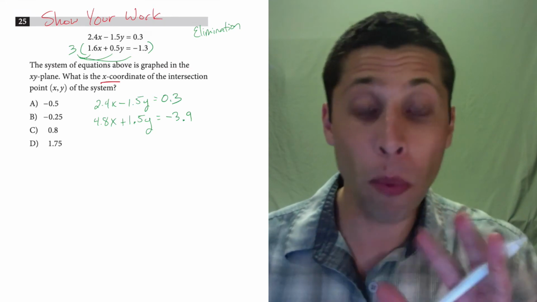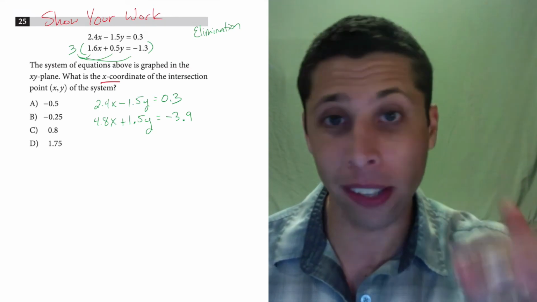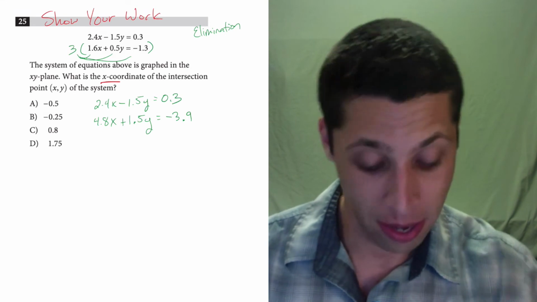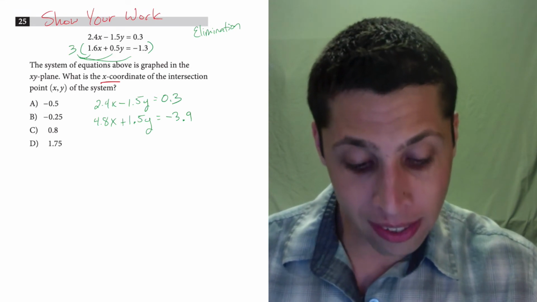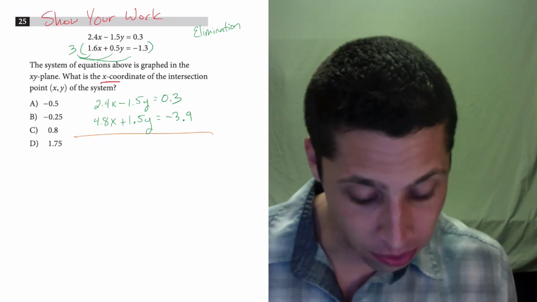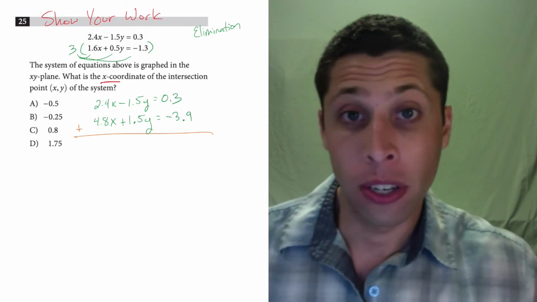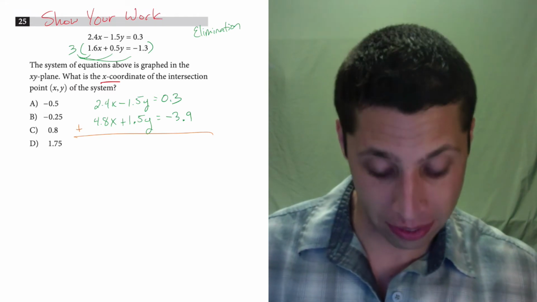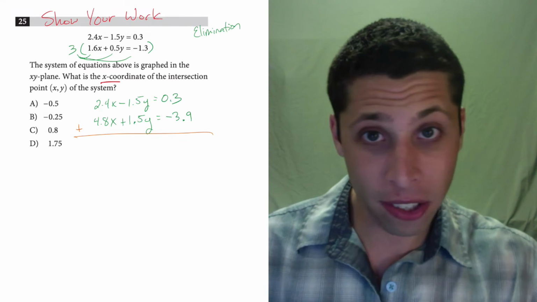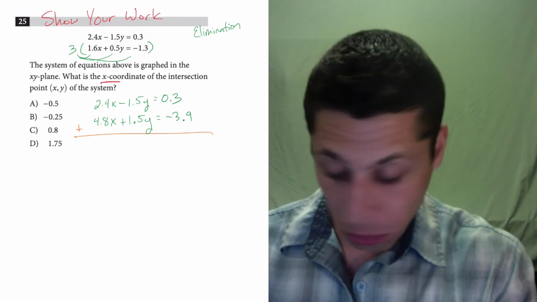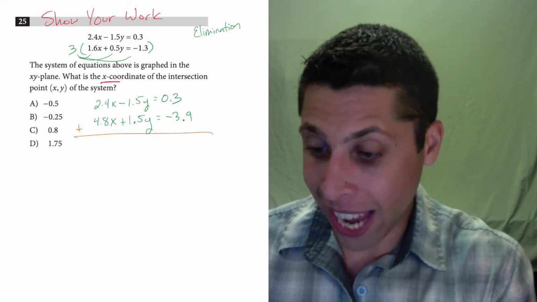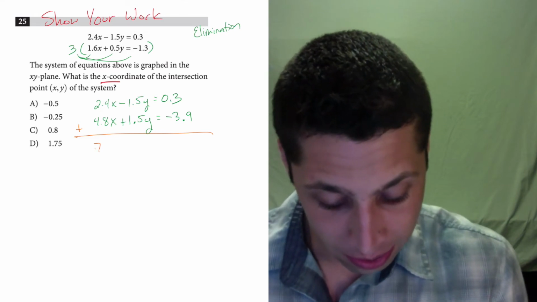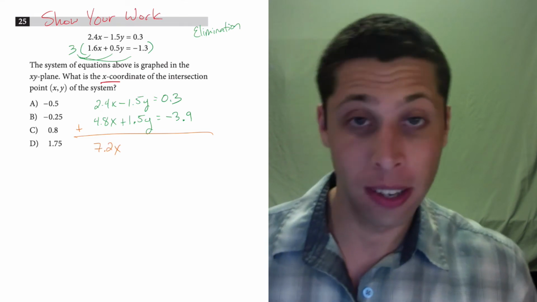Okay, so step 1 of elimination is we got to get something to line up in a convenient way. Step 2 is now we just add these equations as if they were numbers. So that means we have to combine like terms basically. So the 2 x's are going to add together. 2.4x plus 4.8x is 7.2x.